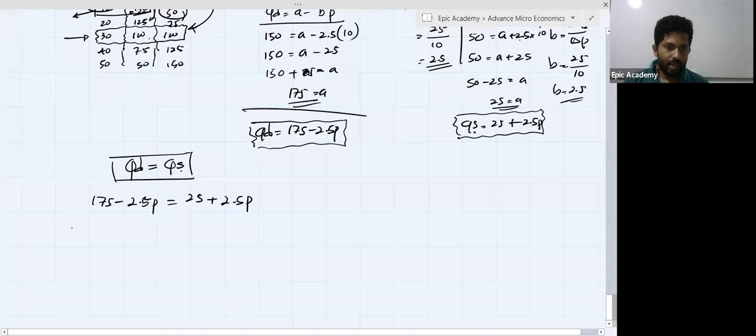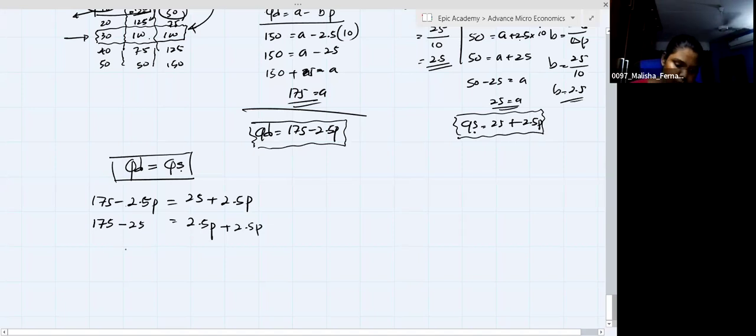The next step, the second step: separate the values, similar values into the similar part. Okay, 175. Just take the 25 value to the other side. It becomes minus 25. 2.5P is there, minus 2.5. Change the direction into plus 2.5. Are you okay with this step?